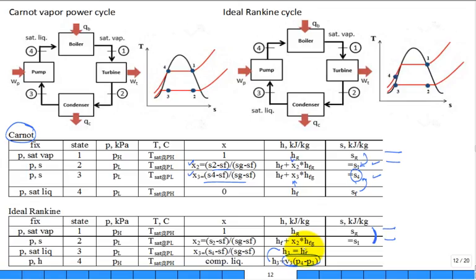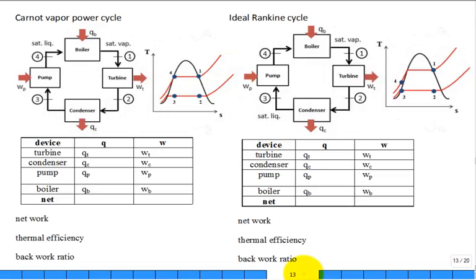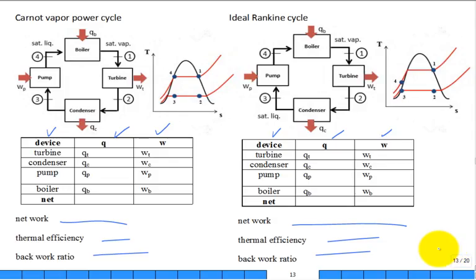I'm just repeating, summarizing what we covered. Is this table helpful? Don't forget, you just make a little table, your devices, the Q's and the W's once you have it all, and then compare that net work, thermal efficiency, back work ratio.